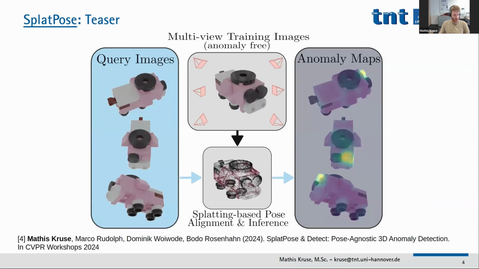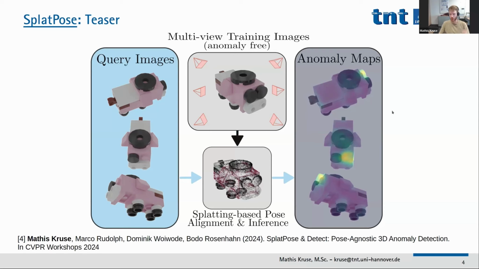That brought me to the paper from last year, SplatPose and Detect, which I did together with Marco Rudolph, who's a relatively big name in anomaly detection, and my supervisor is Bodo Rosenhahn. Here we have an example of a pig which is missing eyes, from different viewpoints. I leveraged these multi-view training images, which are of course anomaly-free, so no anomalies in the training set, and learned a splatting-based representation of this object.